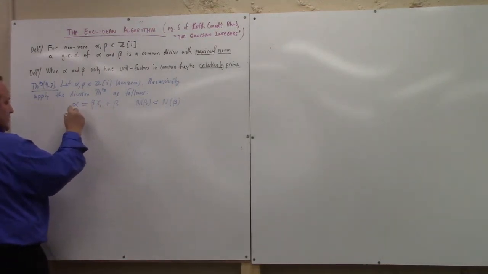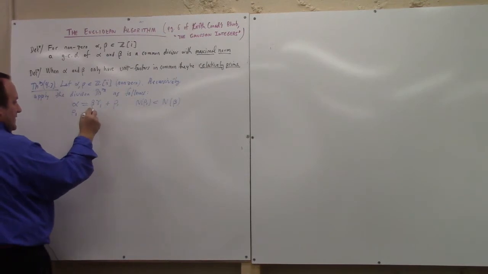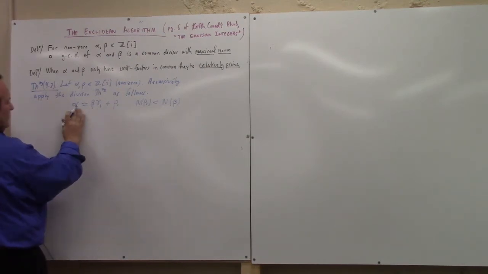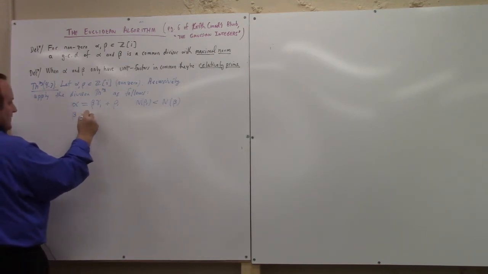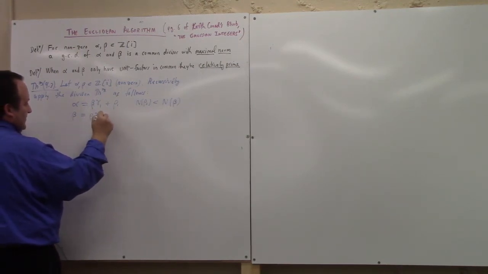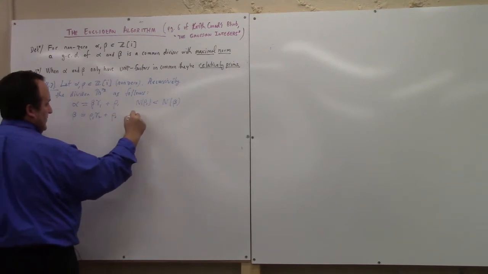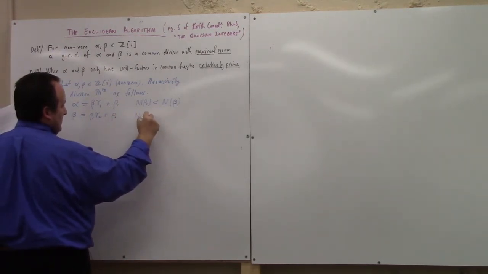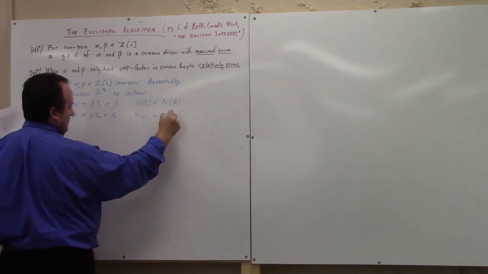Then next up, you divide by, how's it go? You put beta down here, and you divide rho 1 into beta, and you get rho 1 times gamma 2 plus rho 2, where the norm of rho 2 is less than the norm of rho 1.